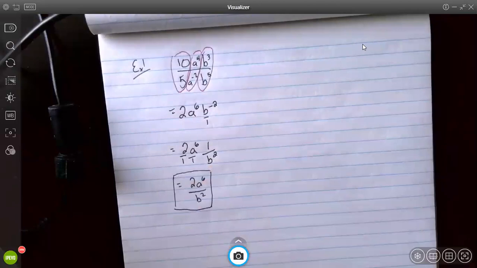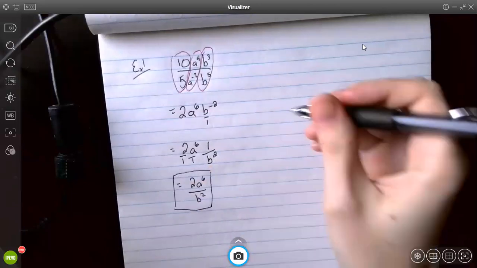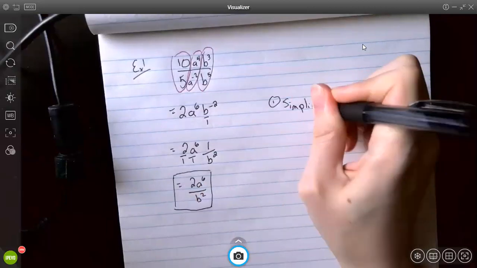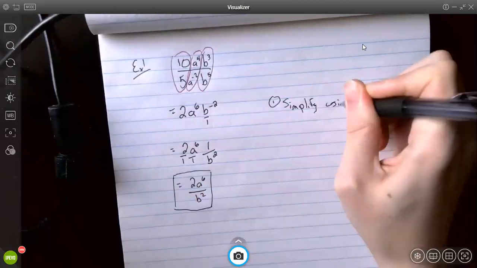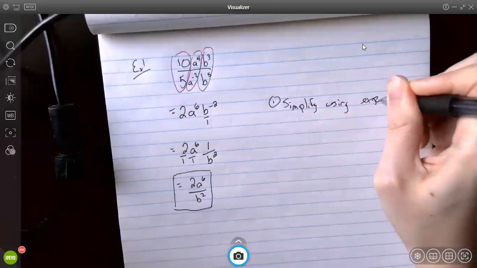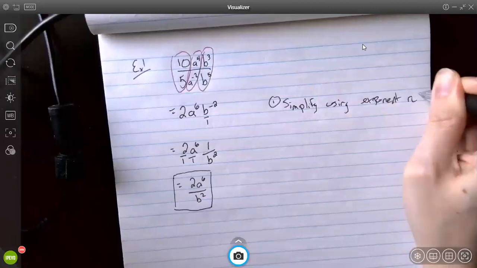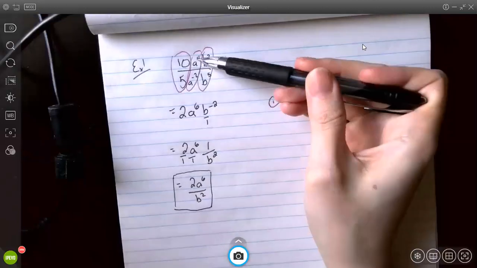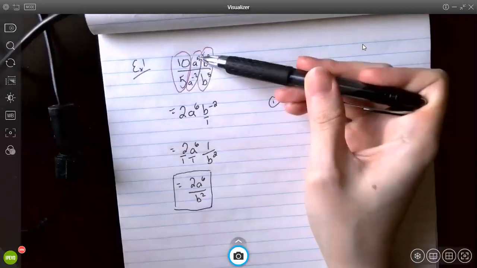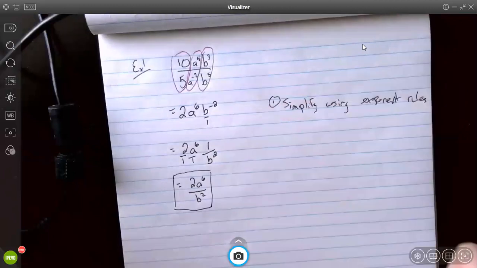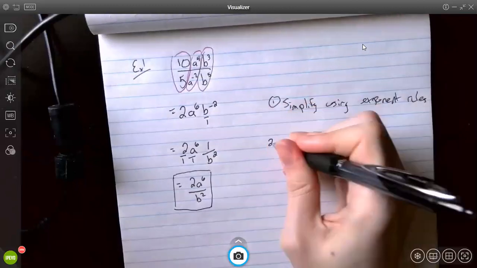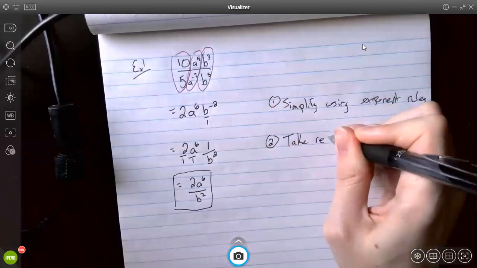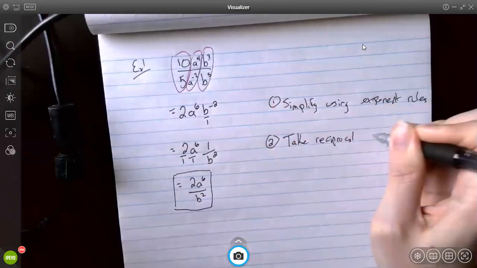Okay, so step 1 is to just simplify using our exponent rules, which is what we did here, just our normal dividing and then subtracting our exponents when we're dividing. Step 2 is take the reciprocal to get rid of any negative exponents.